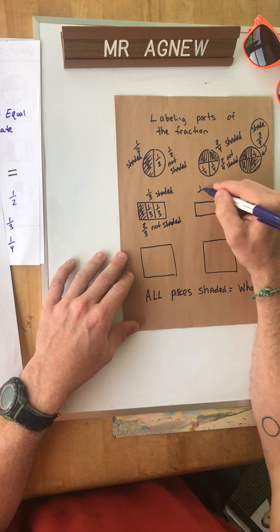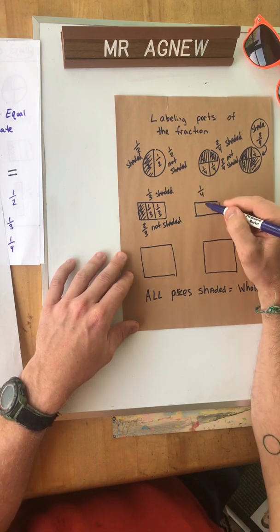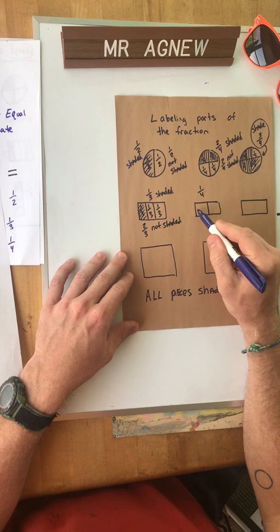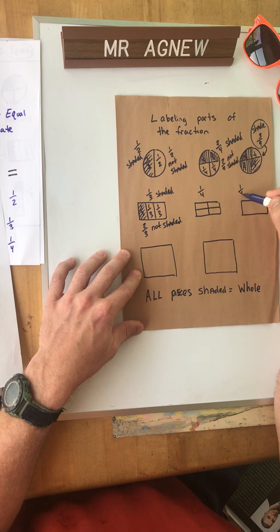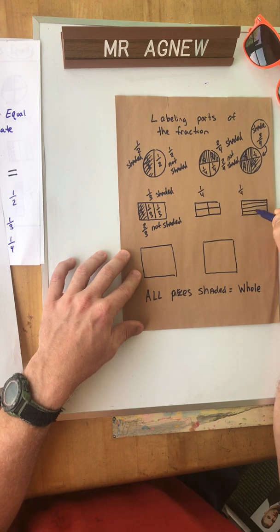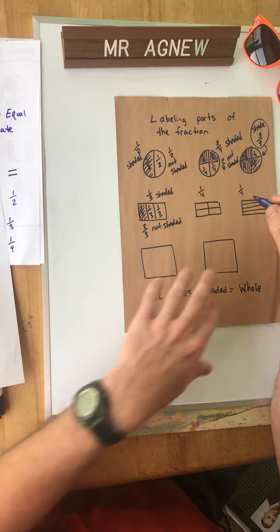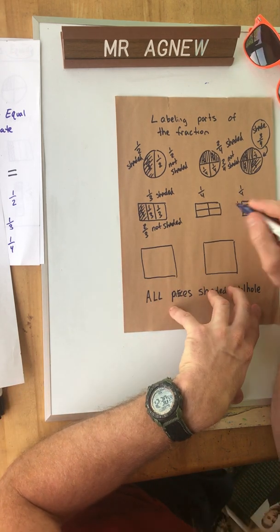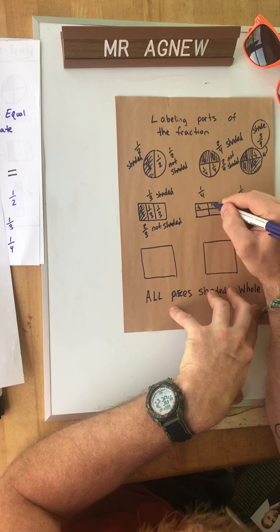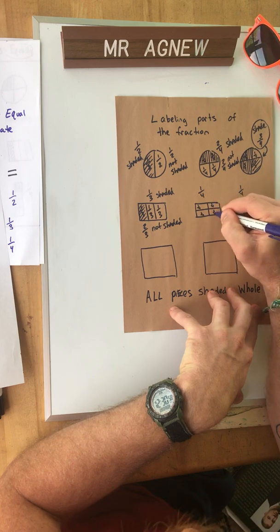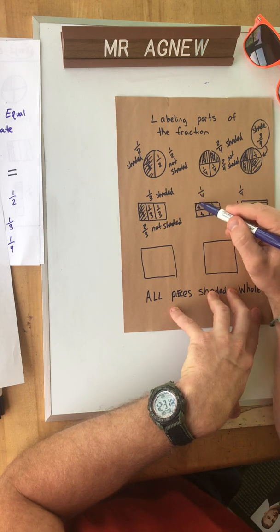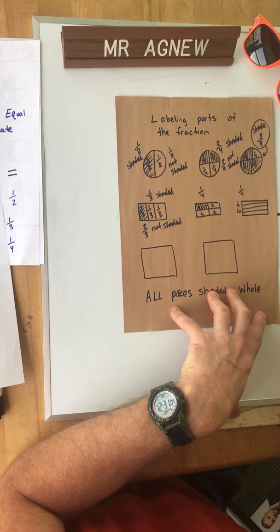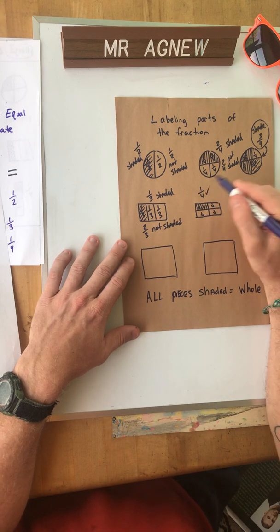Let's do fourths. 1/4. I'm gonna do here. You might have done it like this. As long as the pieces are equal. All 4 of these are 1/4. Each one of those pieces is 1/4, and let's shade in one of them. Okay, great.